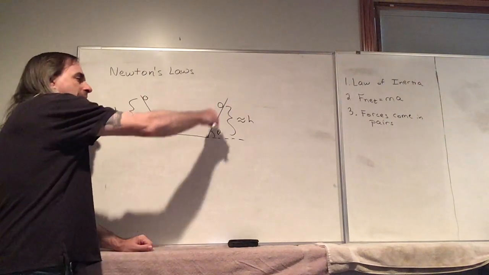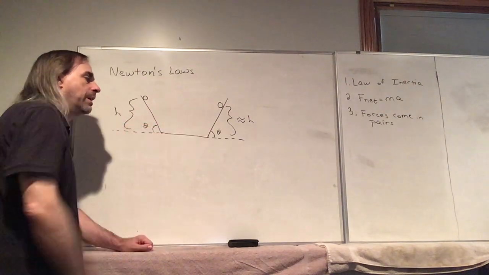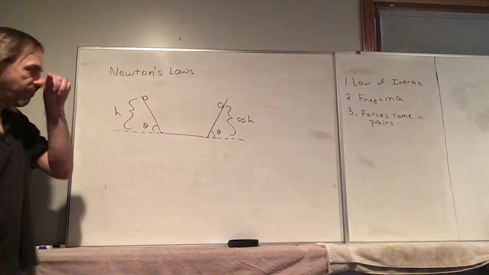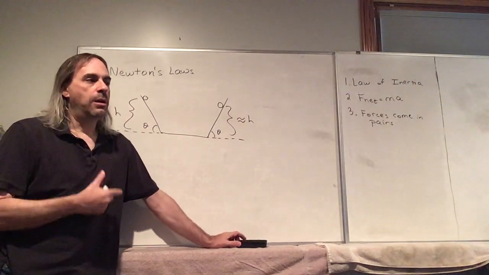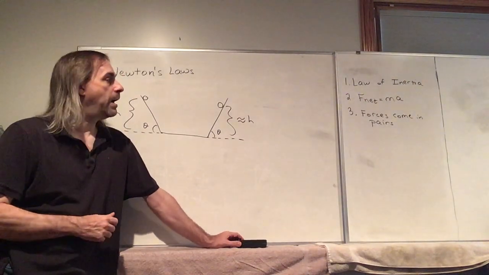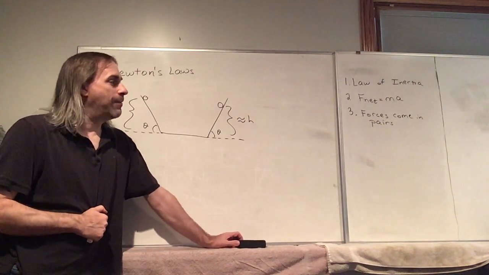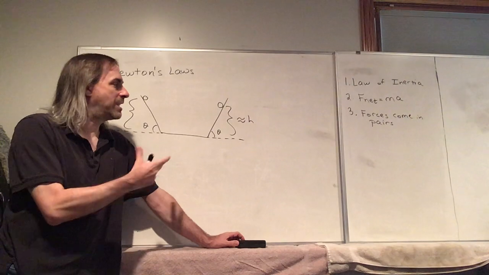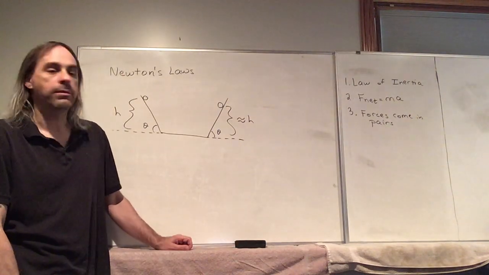And if you let it just go back and forth, it's going to keep getting less and less, and eventually it's going to stop moving. But he didn't conclude that it's going to stop moving because that's a natural state of it. He reasoned that there was something causing it to slow down.